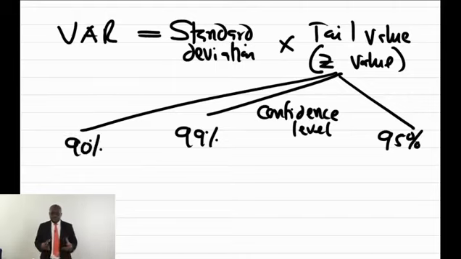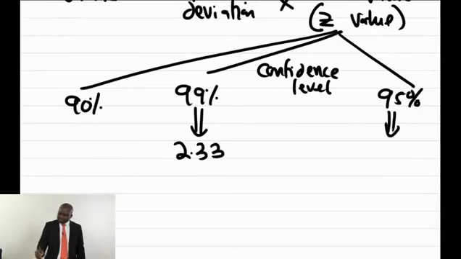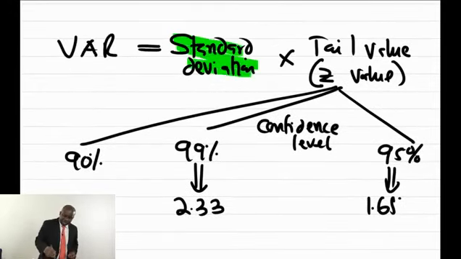So I'm going to show you how to get the Z value when they give you the percentage. Even though you can cram it straightforward, 99% is 2.33 and 95% is 1.65. The examiner is responsible for giving you the standard deviation and the confidence level.